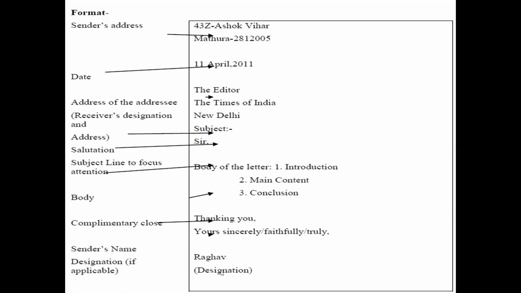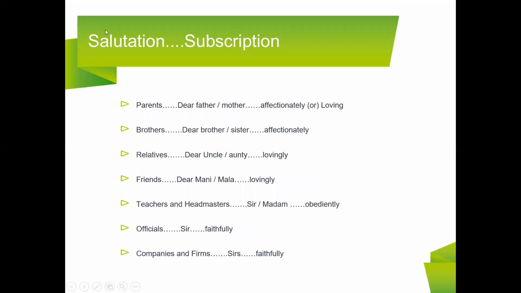Now these are some of the commonly used salutations and subscriptions in formal and informal letters. For example, if you are writing a letter to your parents, the salutation is Dear Father or Dear Mother, followed by the subscription yours affectionately or yours lovingly. If you are addressing your brother or sister, the subscription is affectionately or yours affectionately.